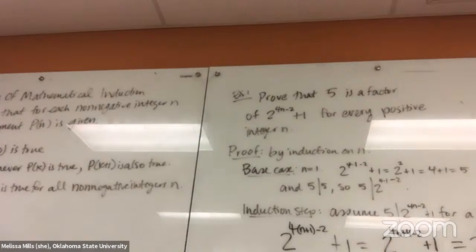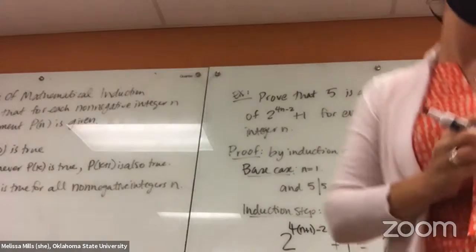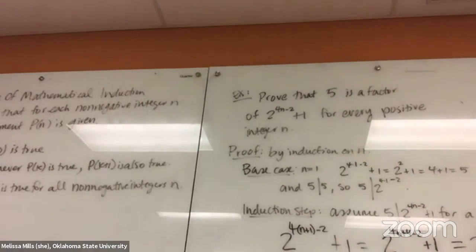We'll have 2 to the 4th times, plus 1. And then what's this stuff? That's minus 2 to the 4th, which is 16. So that's 2 to the 4th times 2 to the 4n minus 2 plus 1, minus 15.